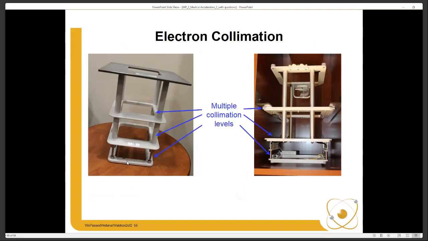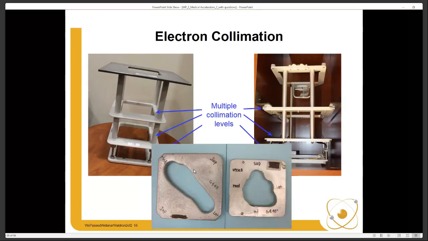Of course, this bottom layer is very close to the patient. And if I want a non-square or non-rectangular field, I need to make a custom molded collimator to go in the bottom of this. Here's one on the left for the applicator on the left, and here's one on the right for the applicator on the right, just to have a couple of examples to look at.